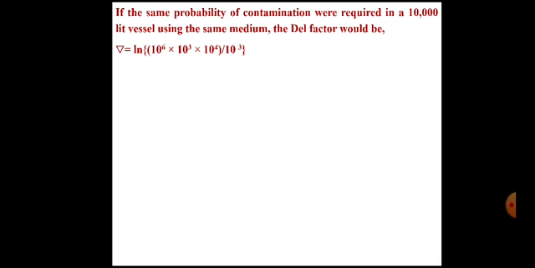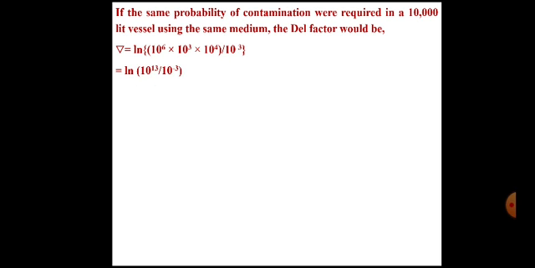So 10,000 liter is 10 raised to 4. So the total absolute number of contaminants in this fermentation broth will be 10 raised to 6 into 10 raised to 3 into 10 raised to 4, 10 raised to 13 divided by NT. The value of NT we have kept constant, 1 by 1000, that is 10 raised to minus 3.